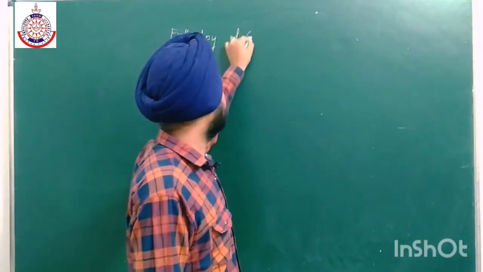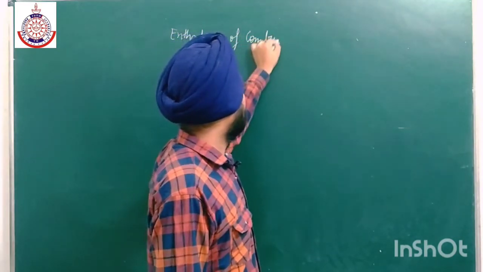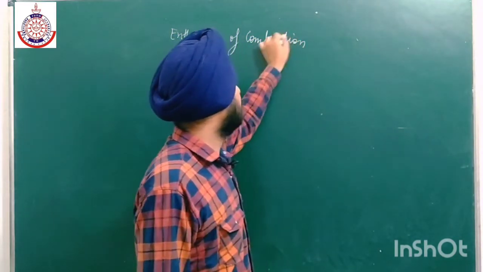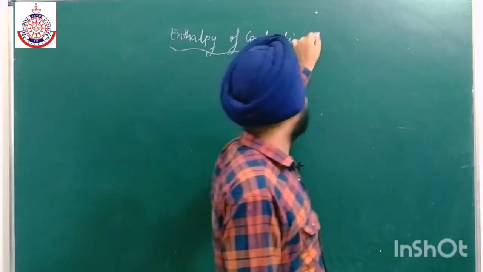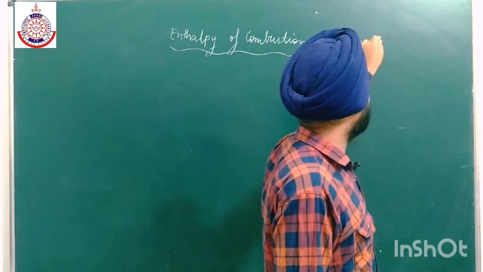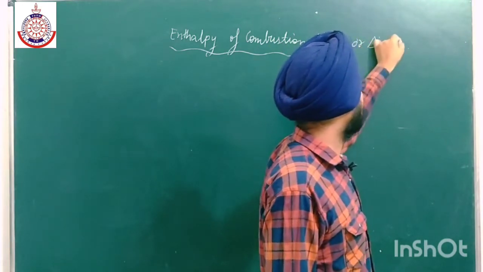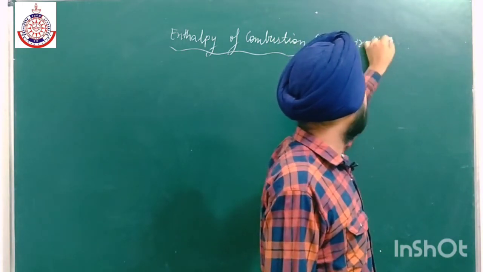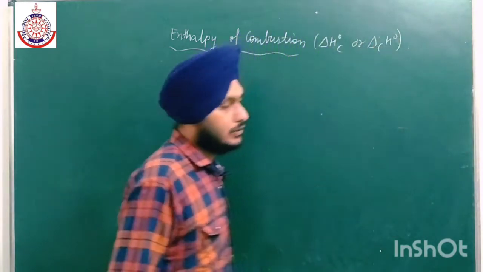Enthalpy of combustion is denoted by delta H naught C or delta C H naught. You can use any of these.